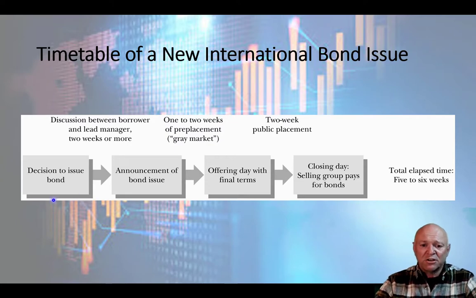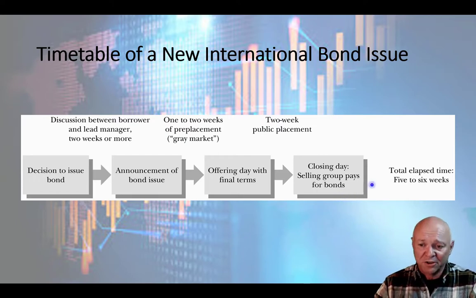We'll make the decision to issue the bond perhaps 5 or 6 weeks beforehand. Announcement of the bond issue a couple weeks before the initial offer. The offering will be provided with the final terms, and then after a 2-week official notice period, the selling group is going to disperse the funds, and then the next day the funds trade in international markets, in an international dealer market.